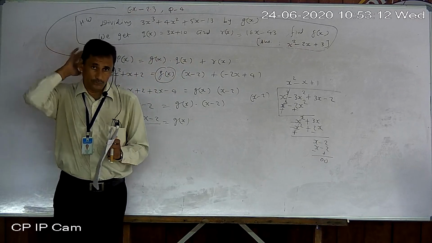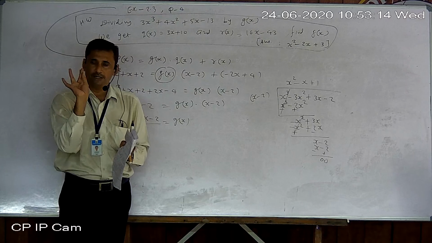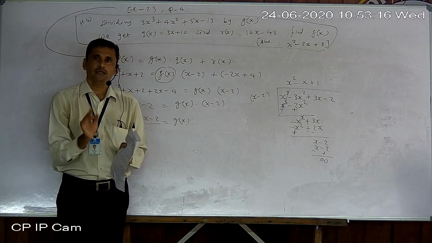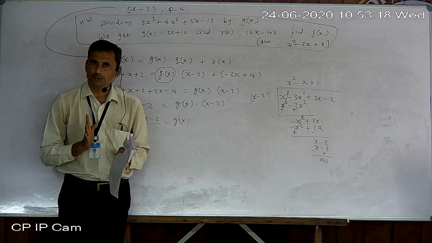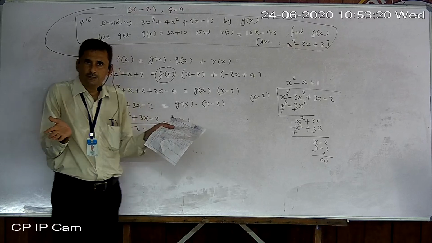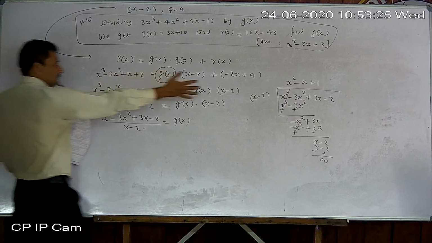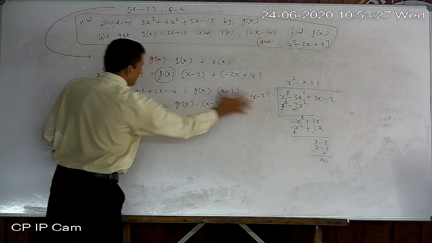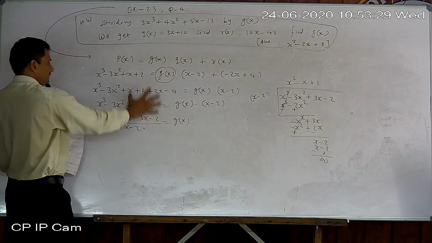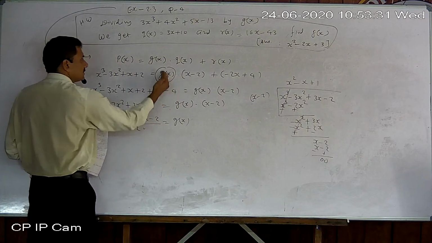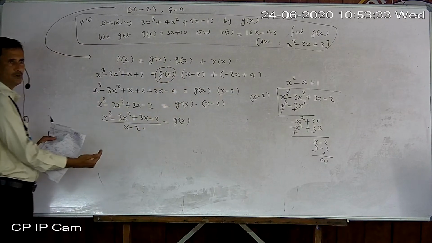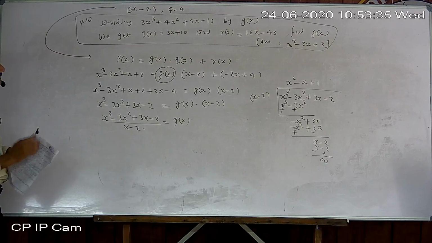Out of the 4 polynomials, dividend, divisor, quotient and remainder, if any one is missing, then you can find it, just like solving an equation. I hope you understand that nothing is new, that is revision only. We just made the subject g of x. So that is our last question.